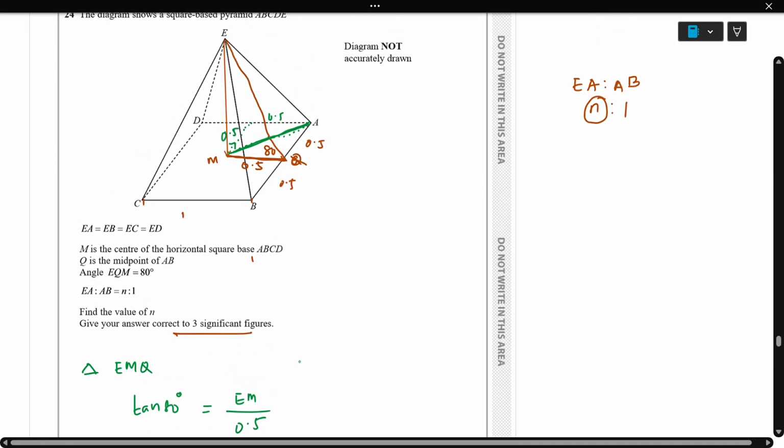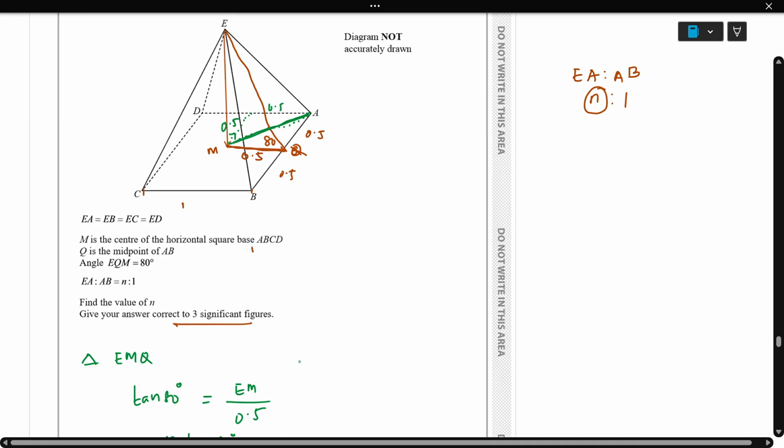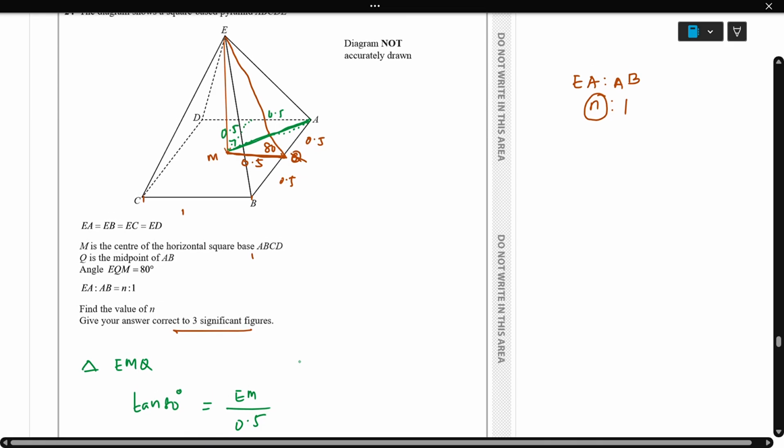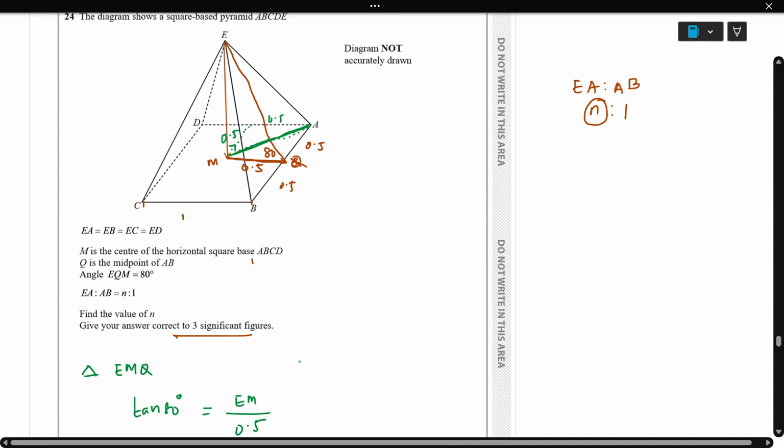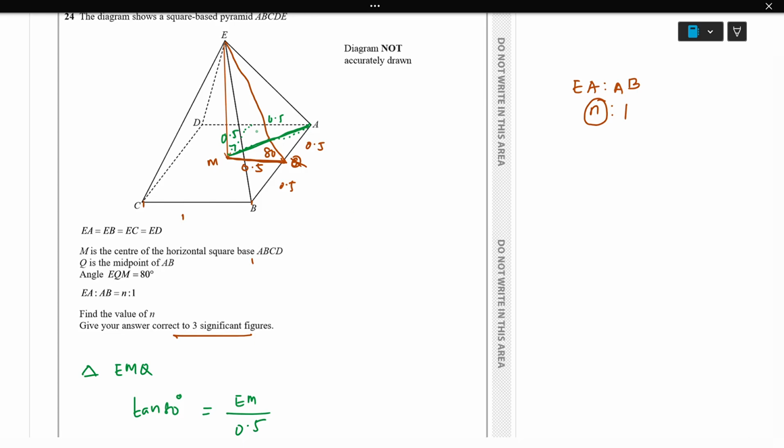Now I'll go for Pythagoras theorem, finding AM, because this is a square. So this is a triangle now.